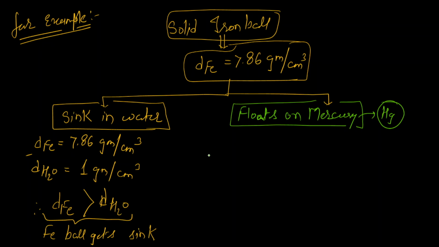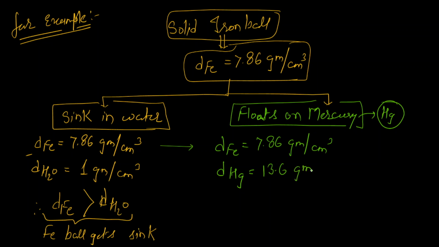Okay. Now you know already, the density of iron is what? 7.86 gram per centimeter cube. Now what is the density of mercury? 13.6 gram per centimeter cube. Okay. So these are the values.